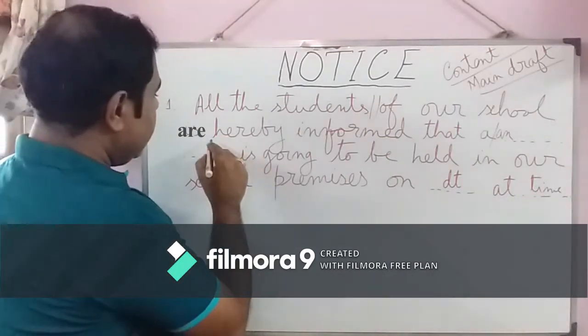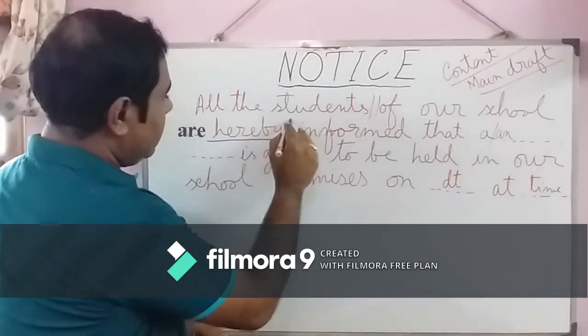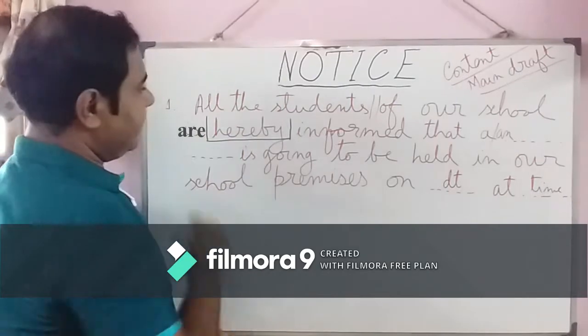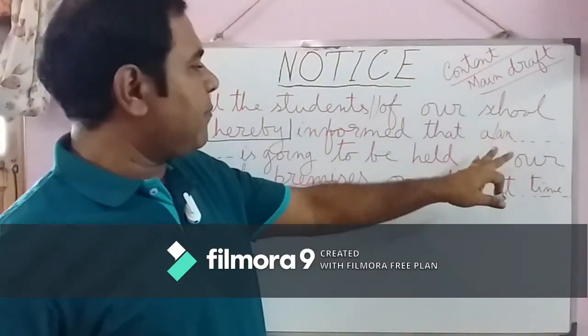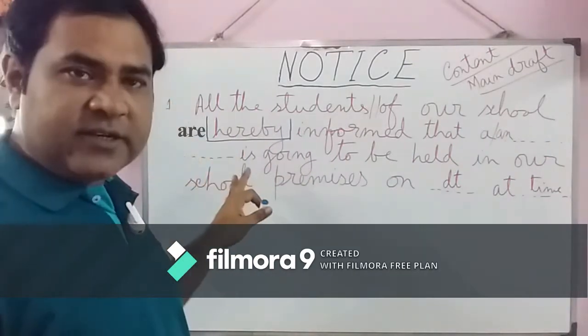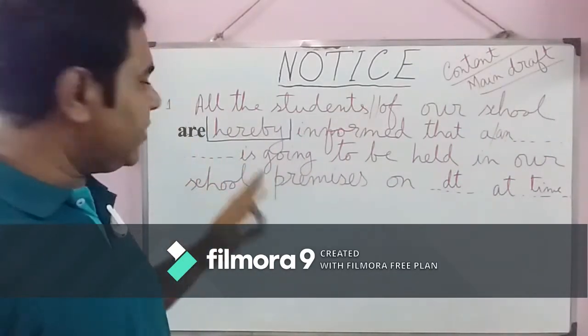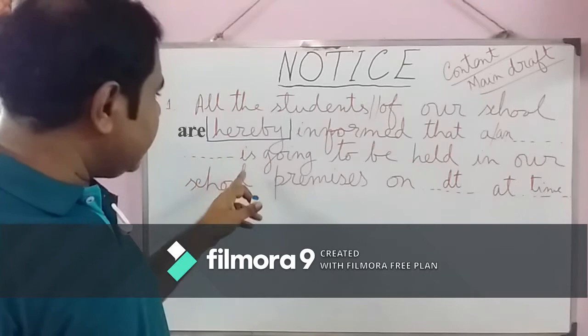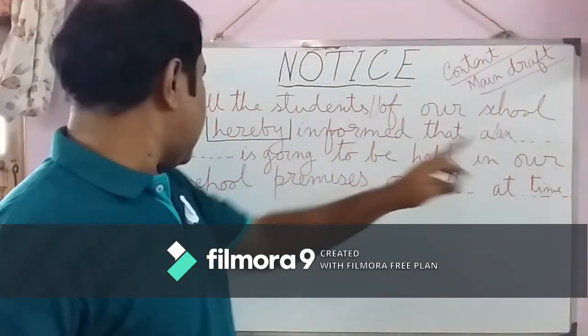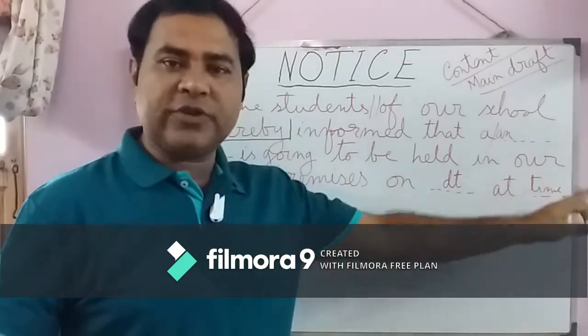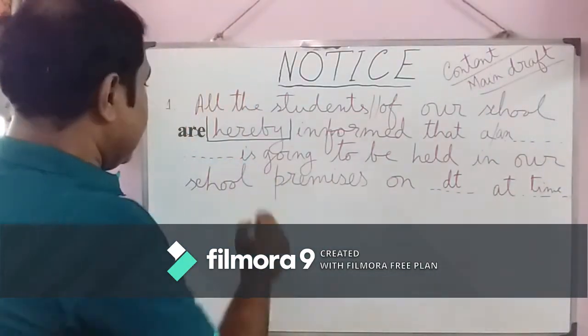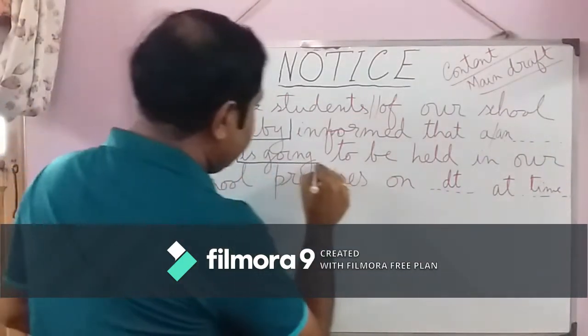Now carefully notice this word. Informed that A or N, whichever is applicable, you mention the incident, the event, the information here, that is going to be held in our school premises on, put the date, at, put the time. Again, is going to be held.